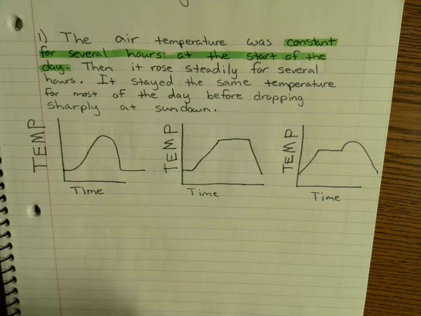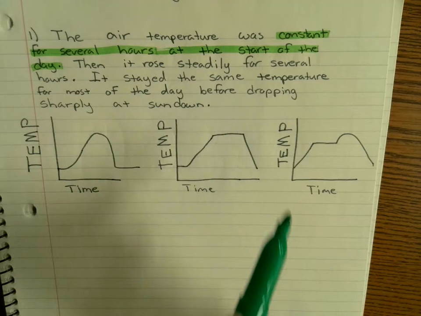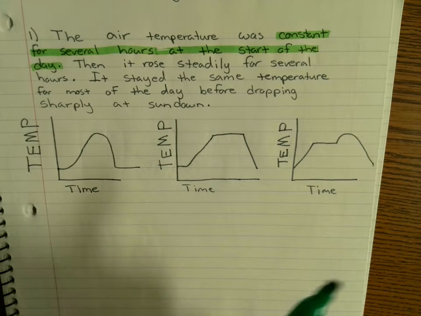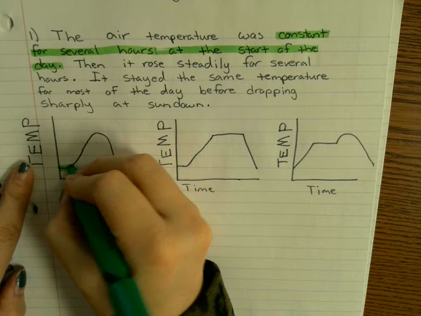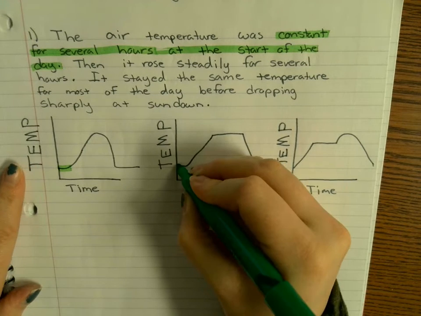Jair? Going to be a flat line. If it's constant, it means that the temperature is not going up, but it's not going down. It's staying the same. So if we're looking at the temperature, we're wanting to look for a flat portion. So here's a flat portion. The second graph has a flat portion.